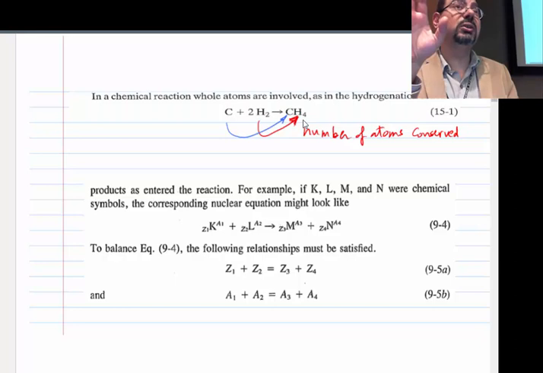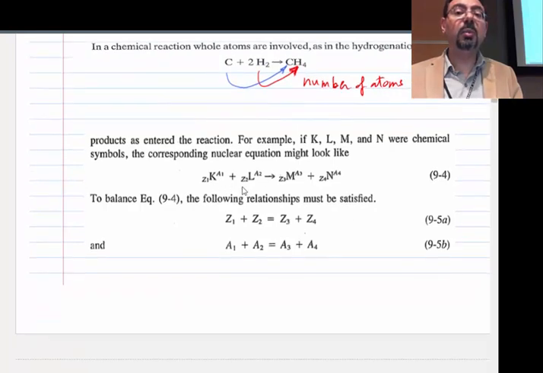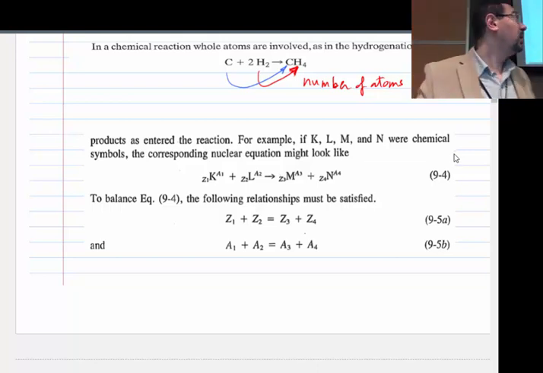They don't change. Okay? But in a nuclear reaction, the number of the species is not conserved. You could start with uranium, and you don't have uranium on the other side. You could start with carbon, and on the other side you end up with nitrogen. How come?